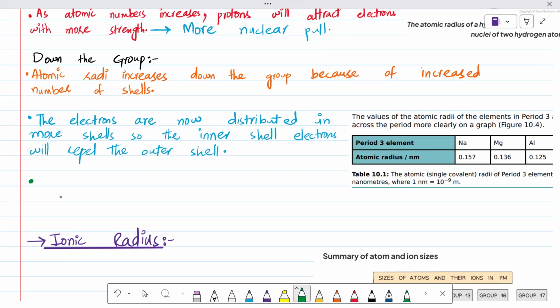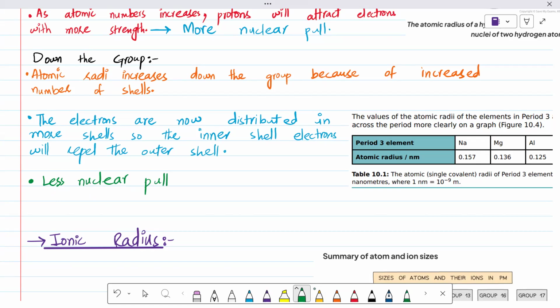Okay, why? They have less nuclear pull because now you have more shells, and the electrons are far apart from the nucleus. You will say simply the nucleus has less effect now on the outermost shell down the group, because the atomic radii is increased.